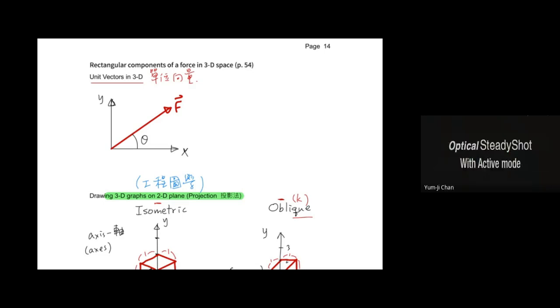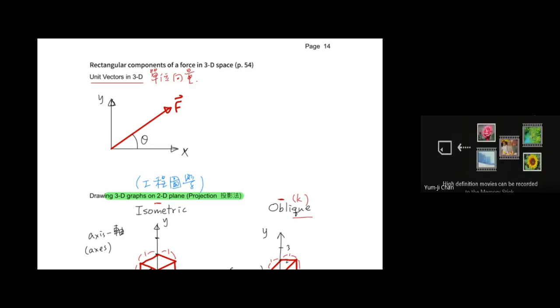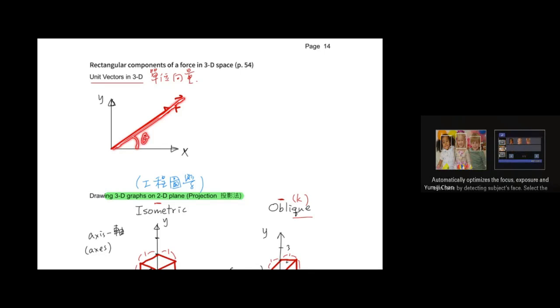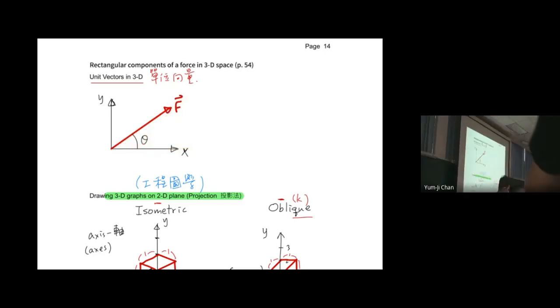Because this angle theta connects the force F with the x-axis, let's mark it theta x.